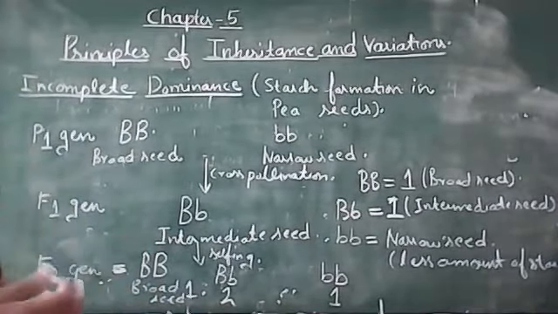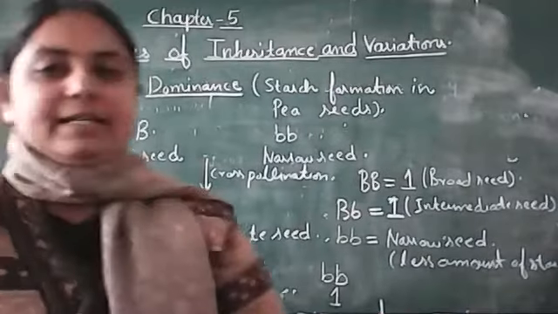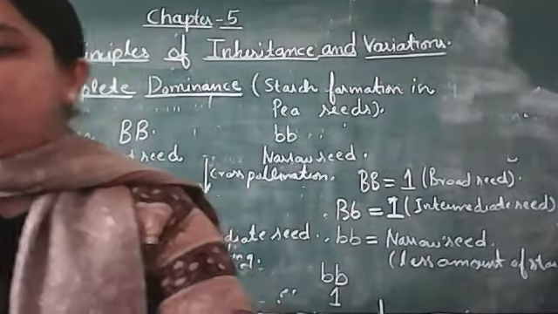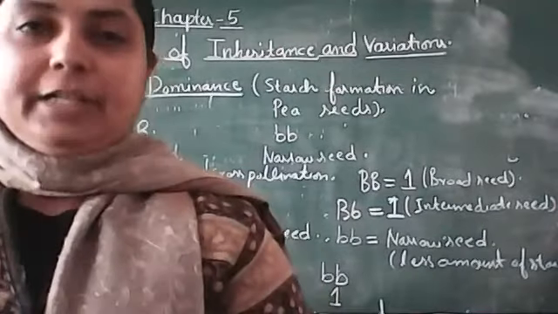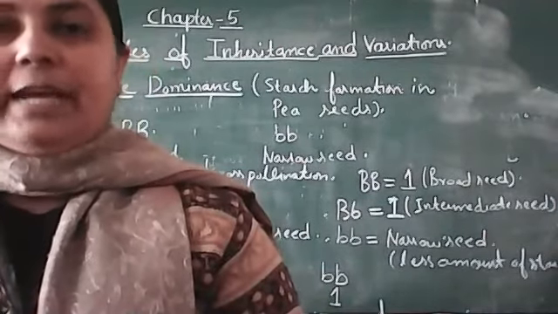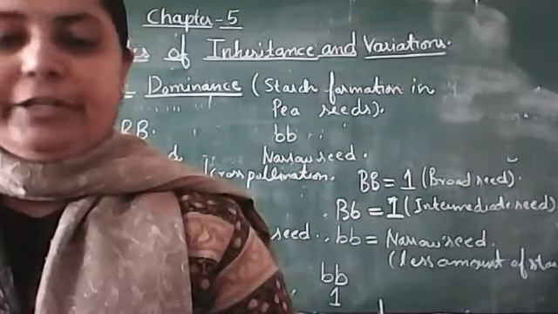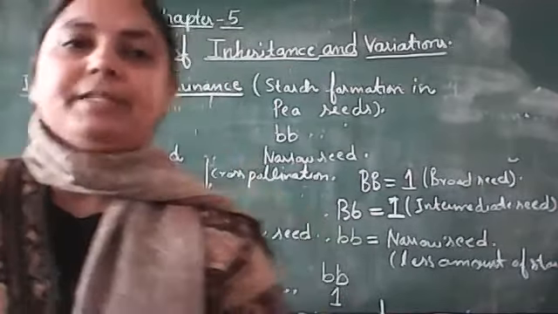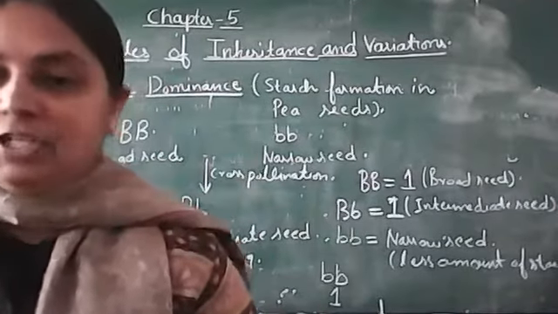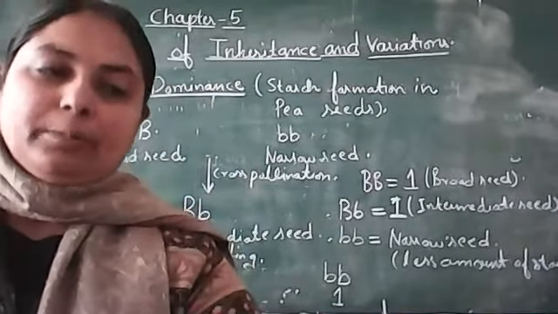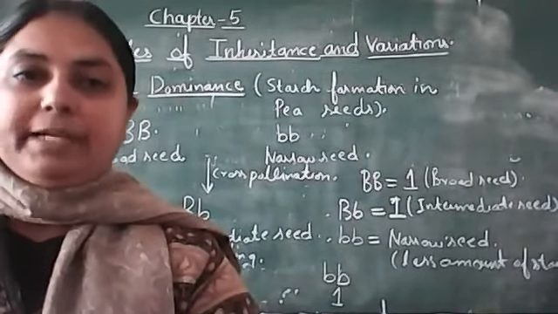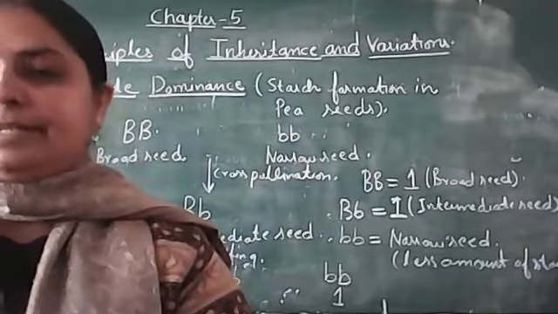We have also done monohybrid as well as dihybrid crosses. So you have to study it up to page number 80. We have completed all the 3 laws of inheritance that were given by Mendel at that time: the principle of dominance, principle of segregation, and principle of independent assortment. We have also done monohybrid, dihybrid crosses, incomplete dominance, codominance, and a test cross.